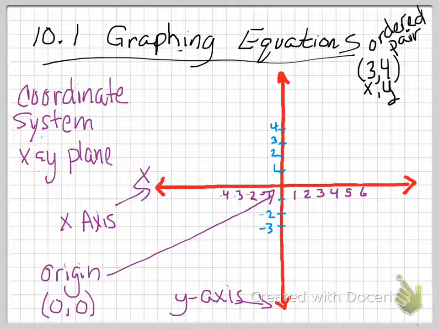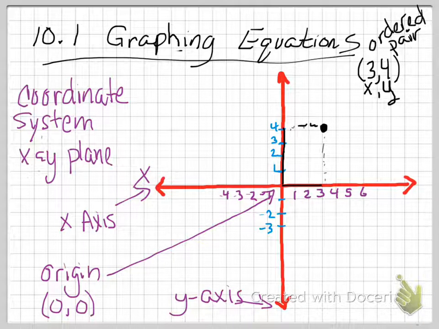So if I follow along the X-axis here and I start at 0, and I start counting all the way over, 3 is right here. I'm going to erase that so that there's not a line on there. Okay, and then if I look at the Y-axis, 4 is right there. Like if you've ever played Battleship, the ordered pair is where these two meet.